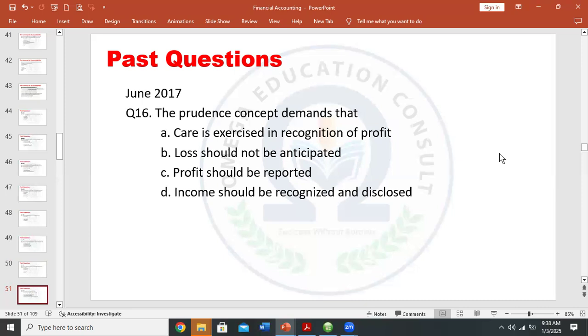So which of them best describes the prudence concept? Care is exercised in recognition of profit. That is very true. The accountant should exercise care in recognizing profit, or should be cautious. The B is wrong because rather it's expected that losses are anticipated or predicted so that it can be provided for.